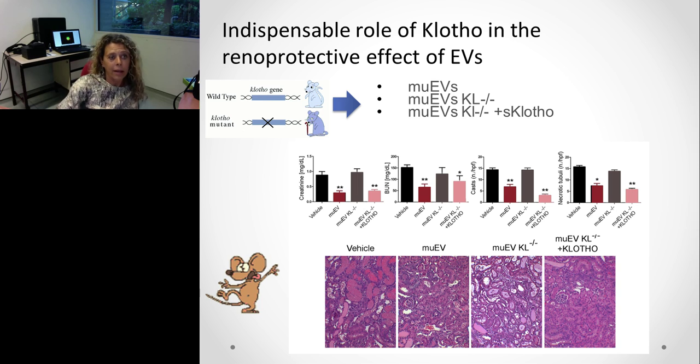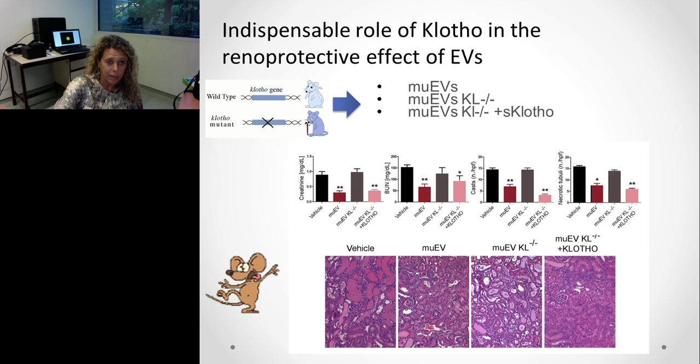Okay, so I cannot go much into details, but I would like to save the last 7-8 minutes for the final discussion on the therapeutic potential of those EVs. So we proved, mainly in preclinical settings, that EVs have really a potential interest.